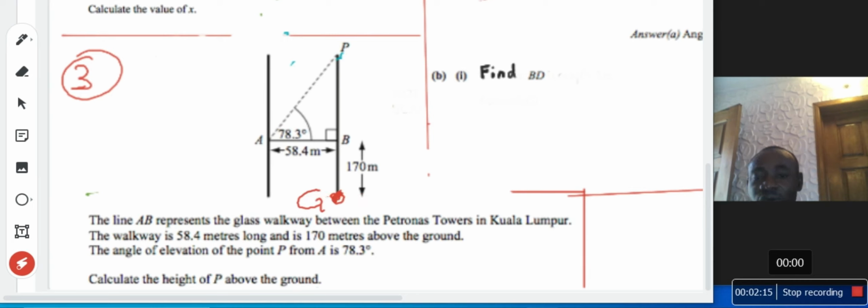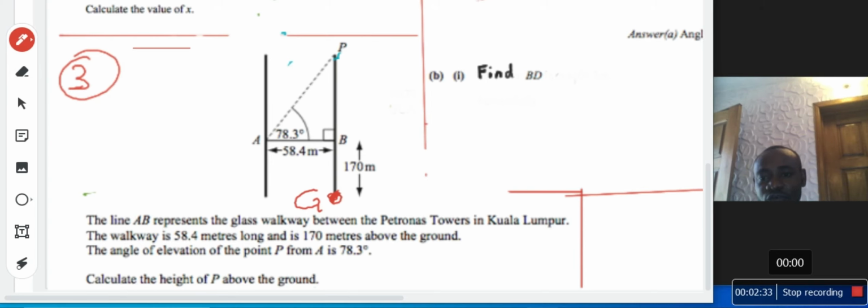By the way, when they say angle of elevation, it's basically the angle that you will need to raise your eye to see something up, which is already given. Now, if it's angle of depression, it's the angle you look down to see, measured from the horizontal. So there's nothing serious about that.